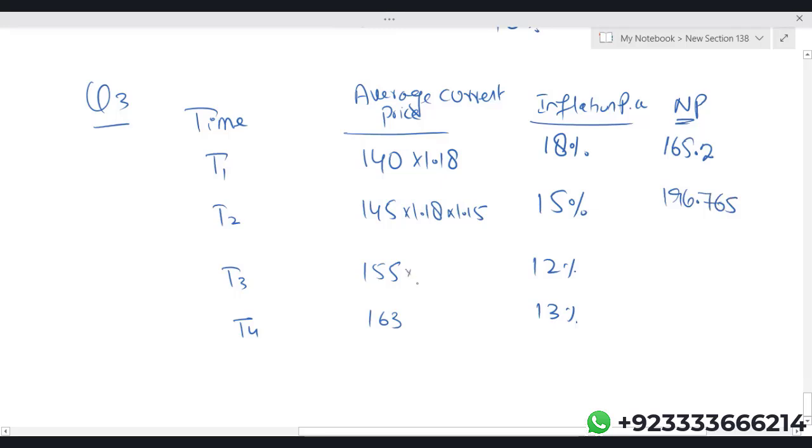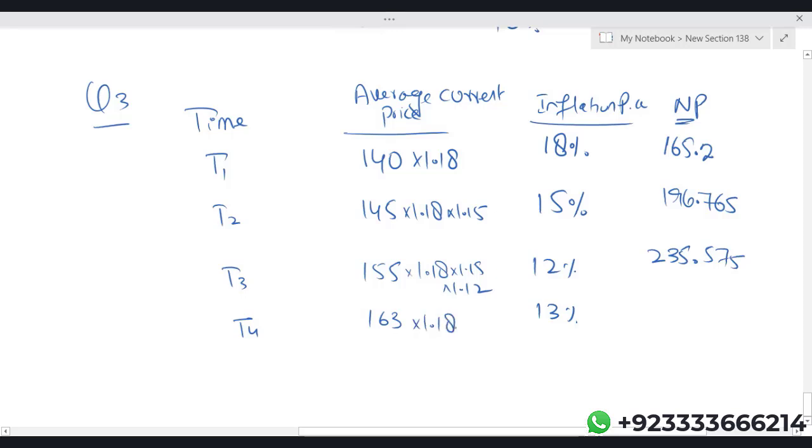196.765. Here it will be 1.18, 1.15, 1.12. So 155 into 1.18 into 1.15 into 1.12. I'm getting 235.575.